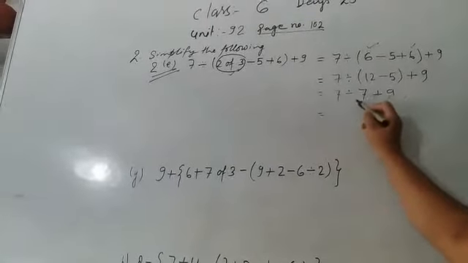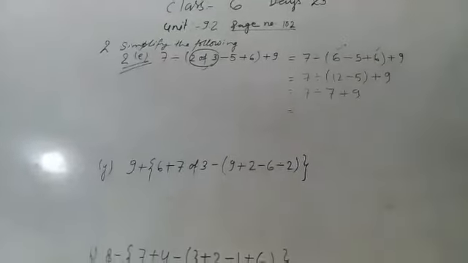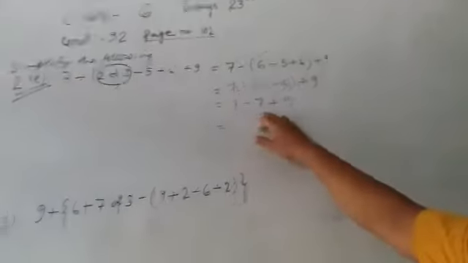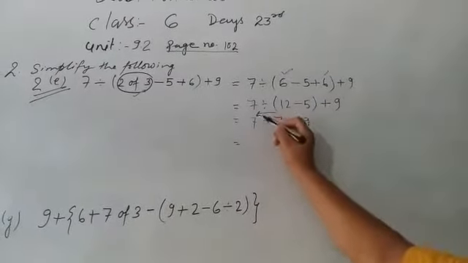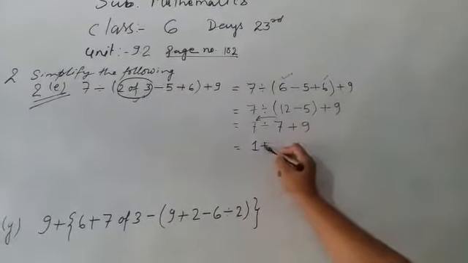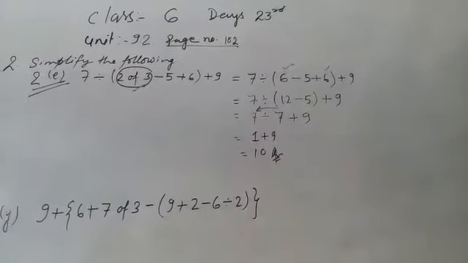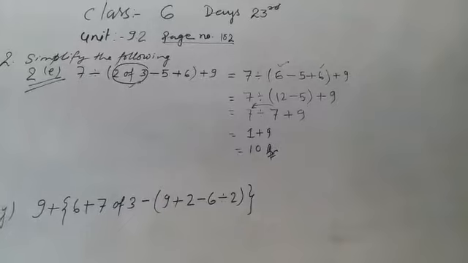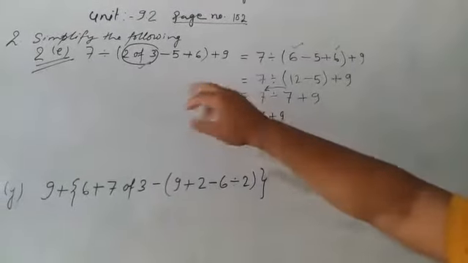So now here it is a without brackets problem. So here divide is done at first. 7 divided by 7, how many times? 1 time, and 1 plus 9. Our right answer is 10. So in this way, this is the solution of the question number 2E.